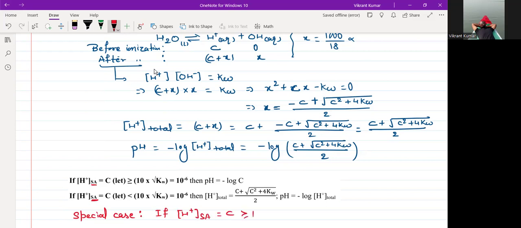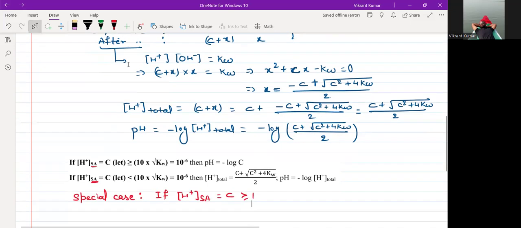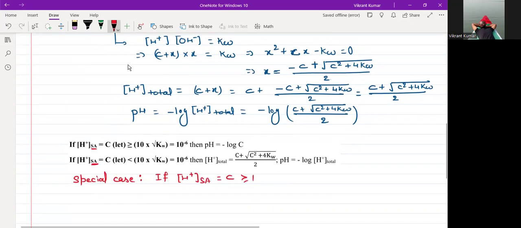In that case, we are saying that activity is not exactly same as molarity. In this case, we say that A of H plus जो होता है ना, that is not necessarily same as molarity of H plus. In that case, if nothing is given, we take A of H plus directly equal to 1.